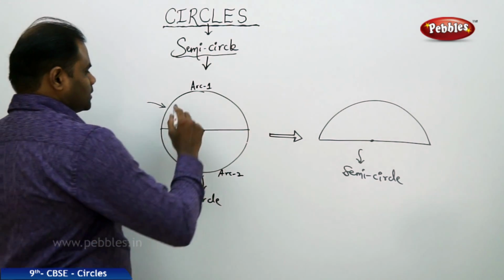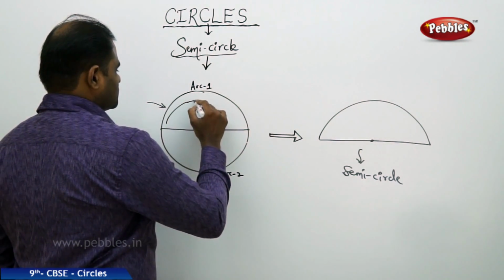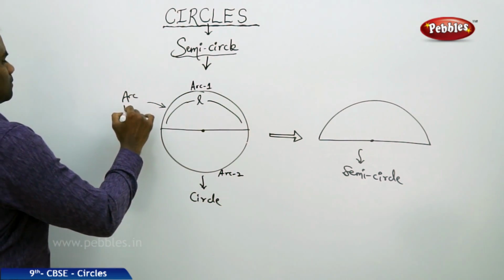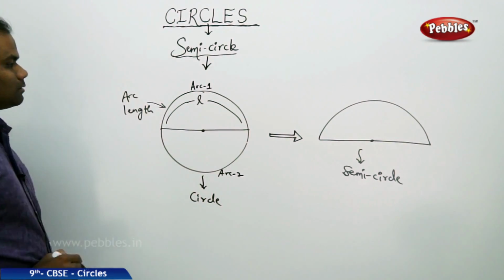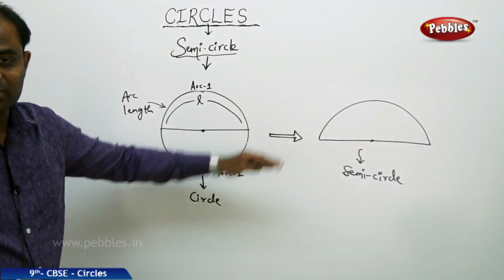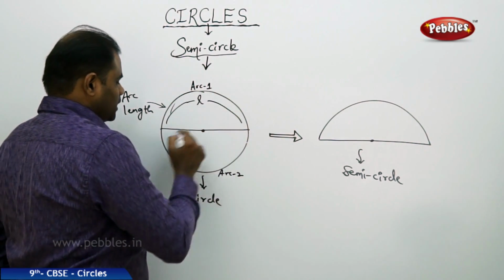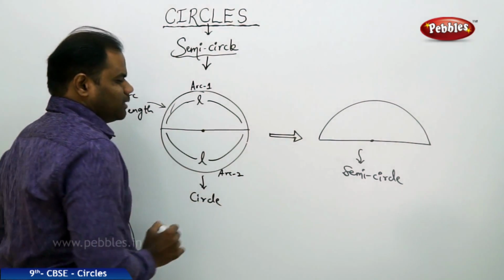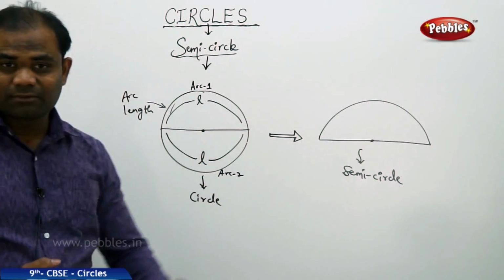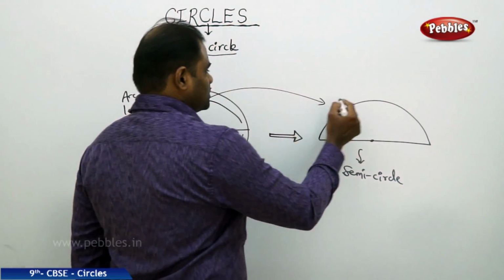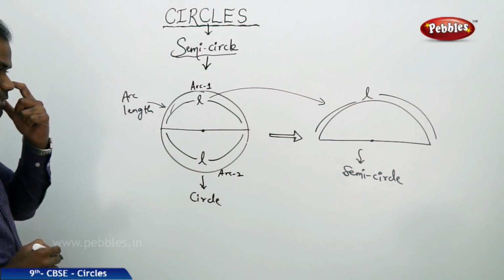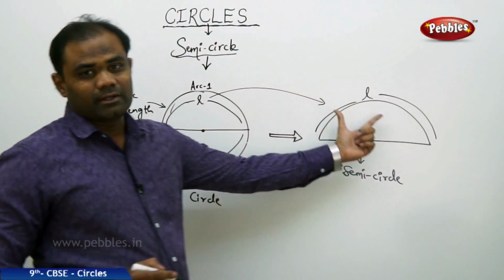So let me say the length of this arc is L. Then because the first arc is equal to the second arc in the diameter passing through the circle, the length of arc being L also makes this L. And as we have seen, a semicircle is nothing but exactly half of the circle, so this length must be equal to this length. So clearly we see that each of the arc lengths are equal.